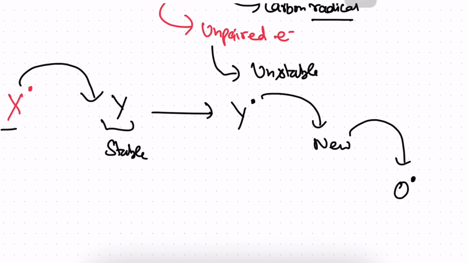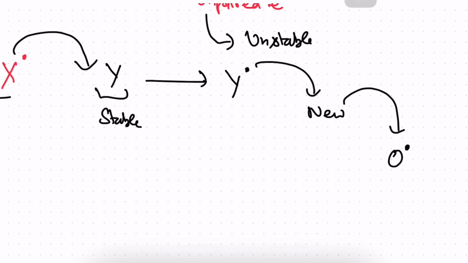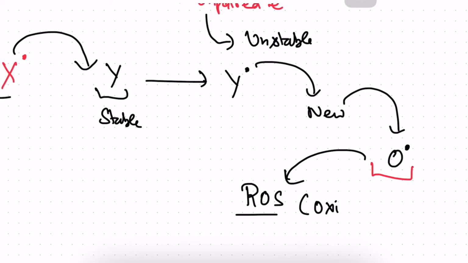Now if you have formation of oxygen radical, it can lead to reactive oxygen stress within the cell. So there is formation of a stress condition within the cell, oxidative stress.